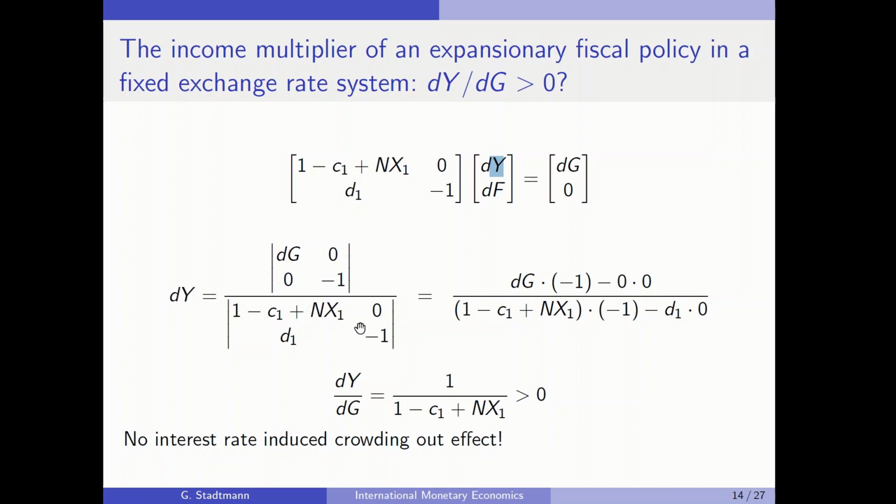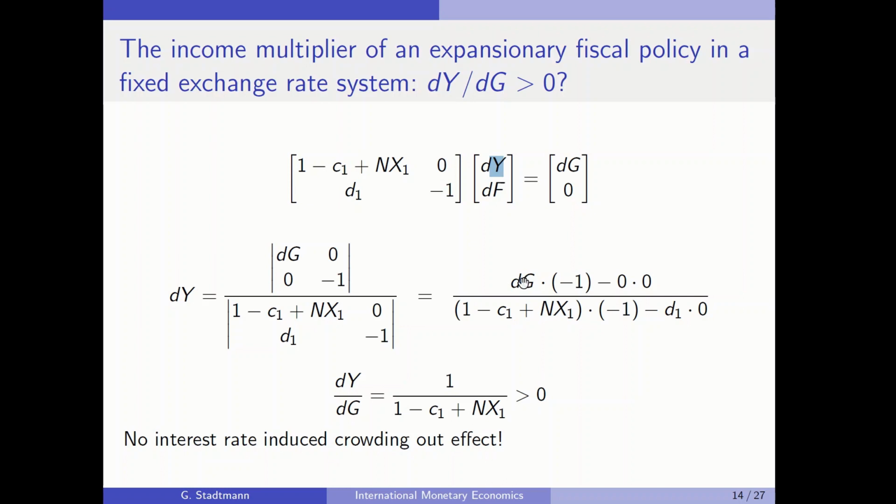Same in the denominator, so 1 minus c1 plus nx1 times minus 1 minus d1 times 0. There are also some 0 signs here, so these expressions will not pop up anymore. There's a minus 1 here and a minus 1 there. These minus 1s will cancel out.